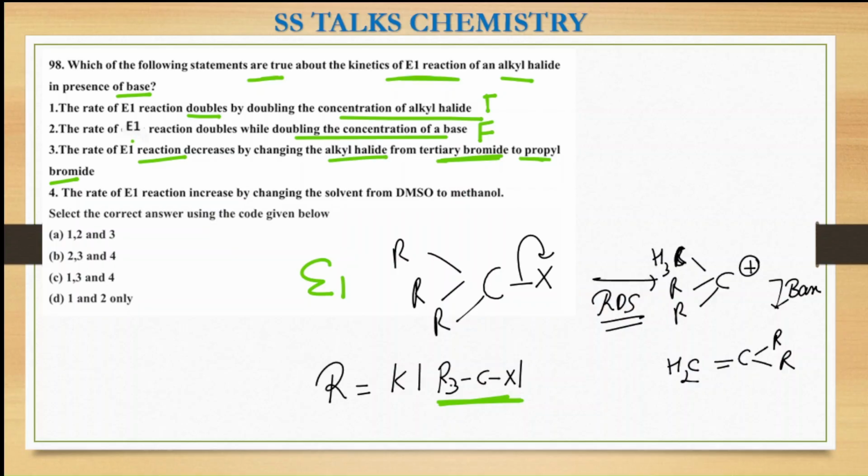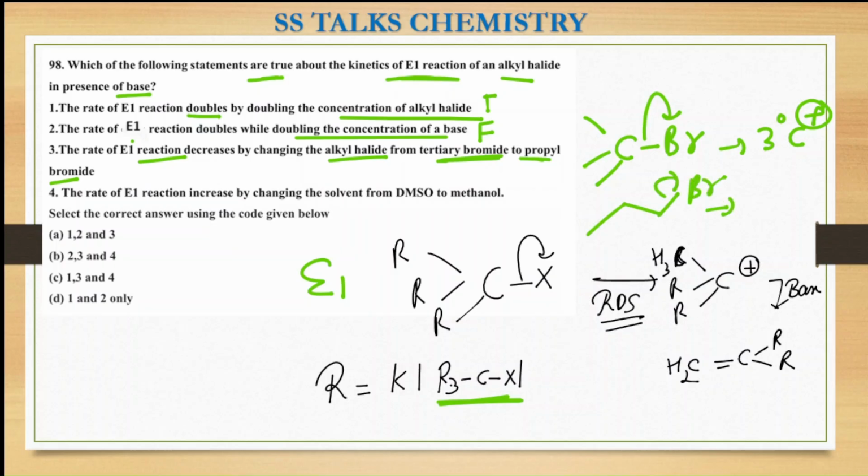If we are changing the alkyl halide from the tertiary bromide, that is this one, with the Br and three substituents, this is the tertiary bromide. So a tertiary carbocation will be formed over here. Changing to propyl bromide, which is 1, 2 and 3, and here this Br group is present, the formation of a primary carbocation will take place. So the rate is changing. So this is again your true statement.